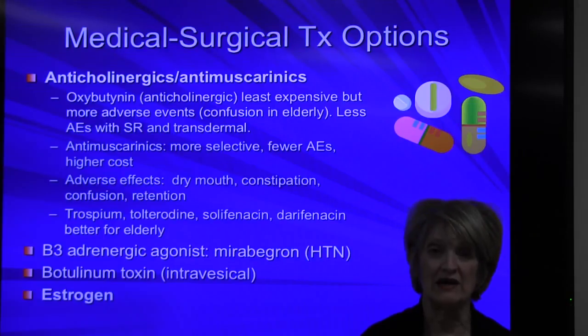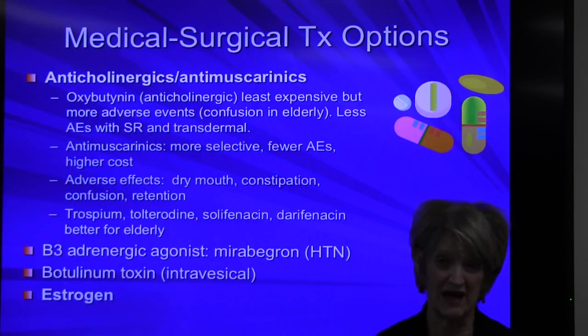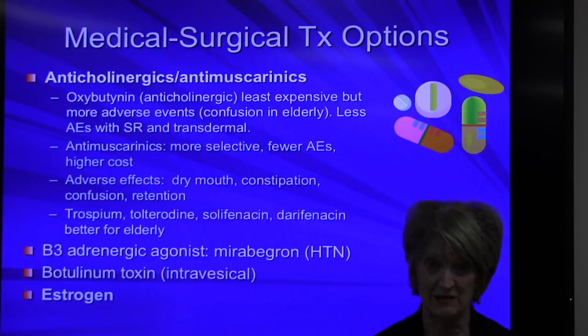What about antimuscarinics? Well, antimuscarinics are by definition more selective because they only target muscarinic receptors. Muscarinic receptors being a subcategory of cholinergic receptors, but the ones that are important to bladder contraction. So simply by using an antimuscarinic instead of an anticholinergic, you reduce the incidence of adverse effects.